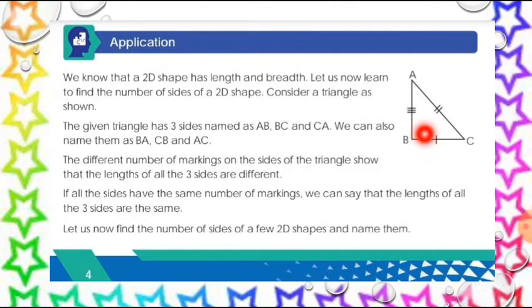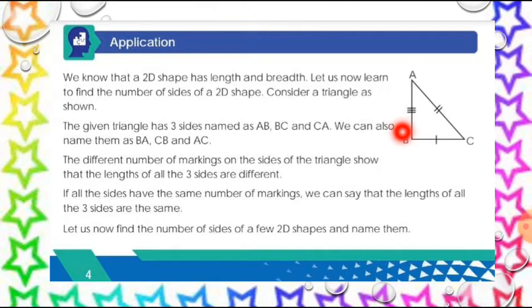The different number of markings on the sides of the triangle show that the lengths of all 3 sides are different. Look children, on side BC one standing line is drawn, isn't it? And on the other side, AC, there are 2 lines, and on AB 3 lines.